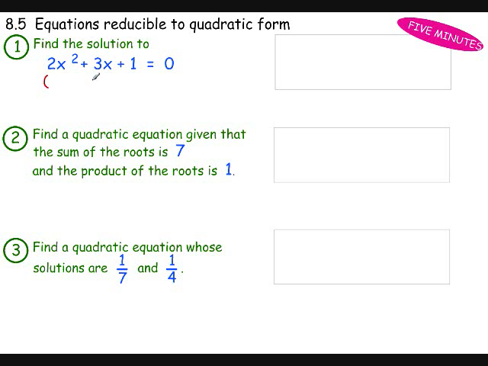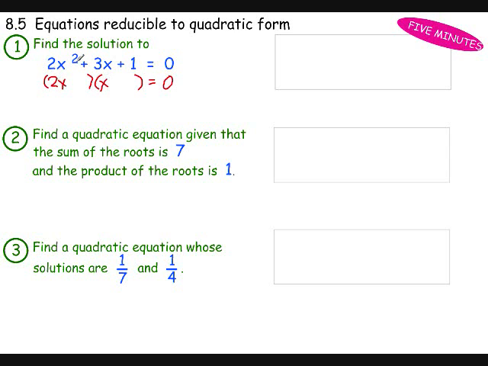Anytime we have a quadratic, we can approach it as something we may be able to factor into 2 linear binomials. If we've got 2x squared, we know the only way that would factor evenly would be 2x times x.